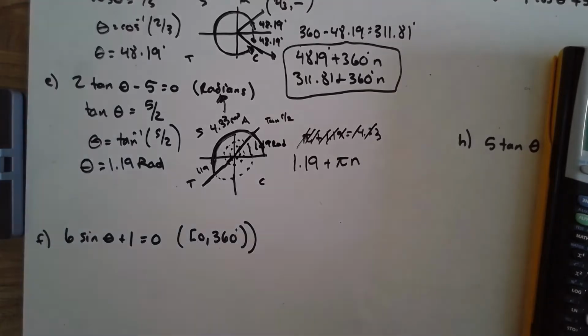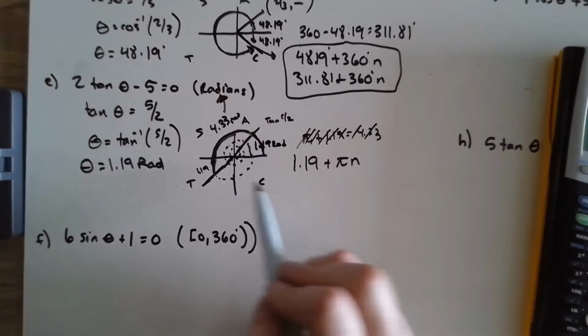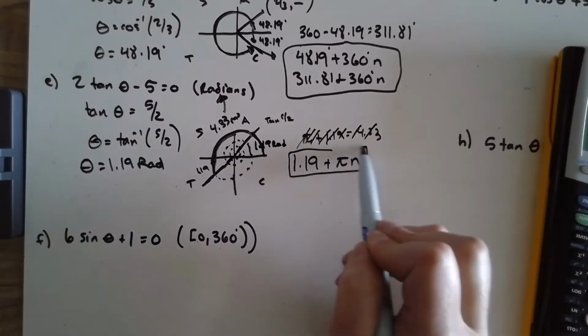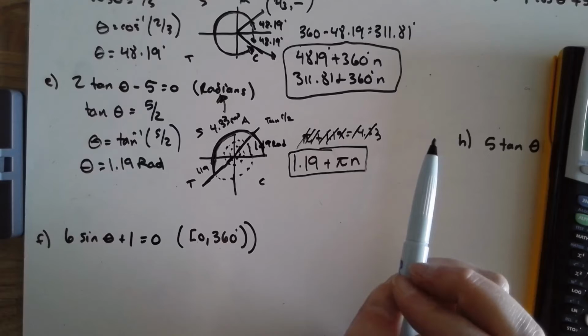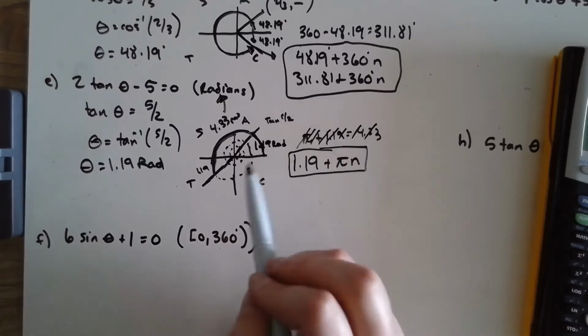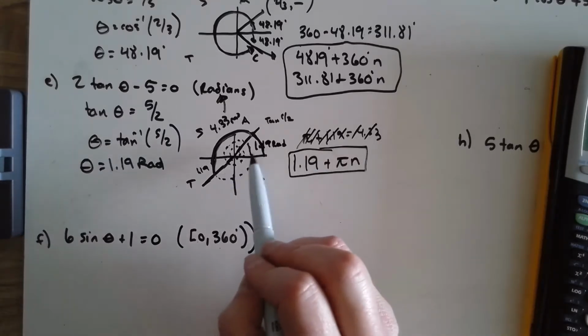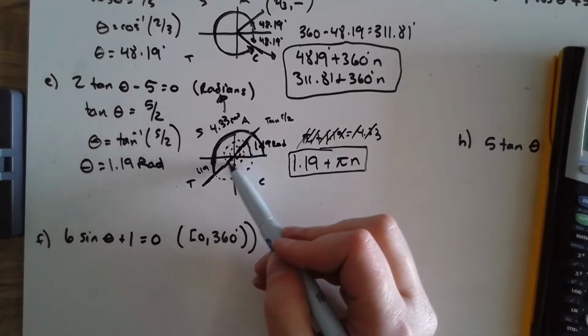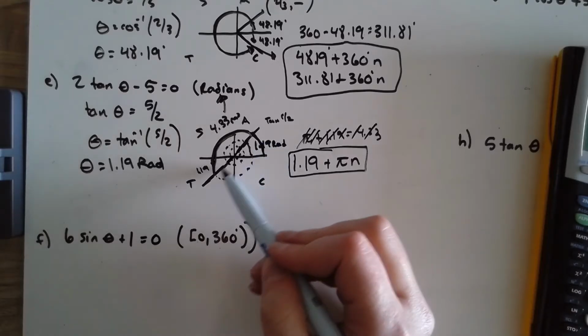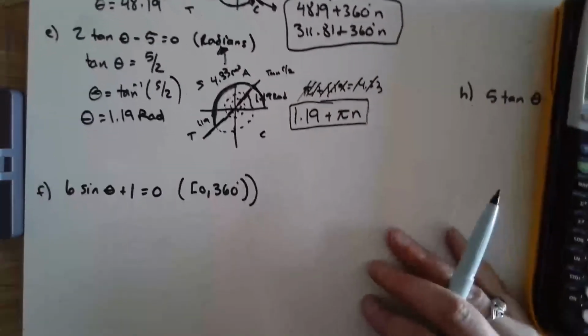You could do both. It's not wrong. It's just extra work, and you're actually repeating yourself. So this is my only answer right here. Okay. But that whole reference angle is really nice, because once I saw that, I could see the differences from here to here is 180 degrees, or pi radians.